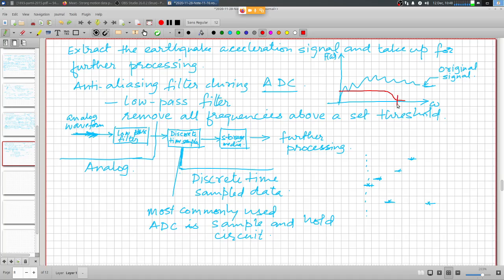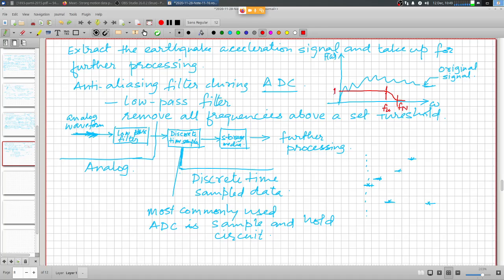Right, so this is the Nyquist rate, and this is probably the practical limit of the theoretical upper bound, or I would just say FU, the upper limit.